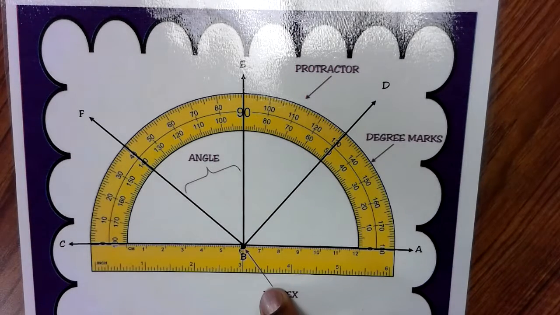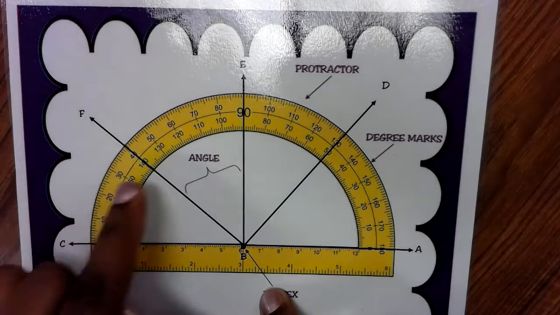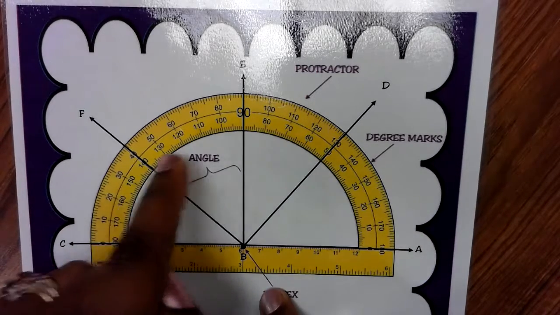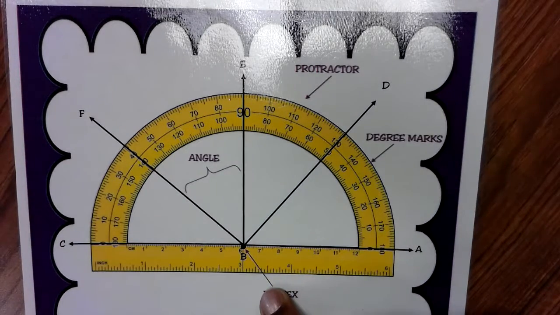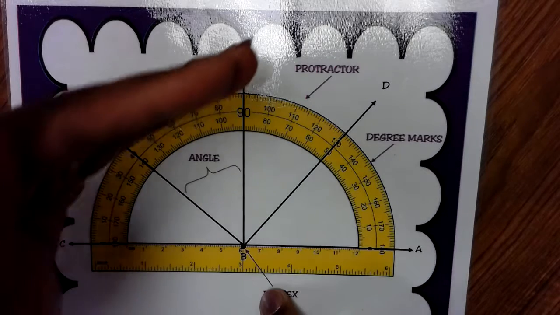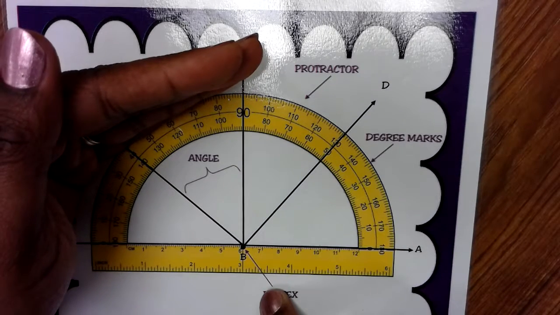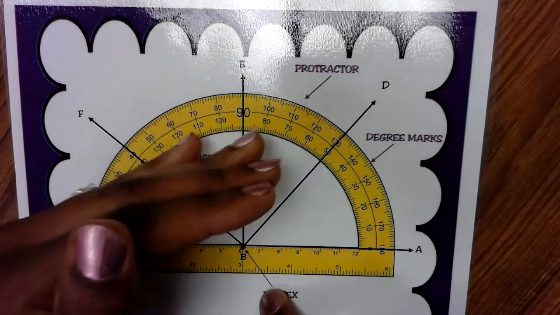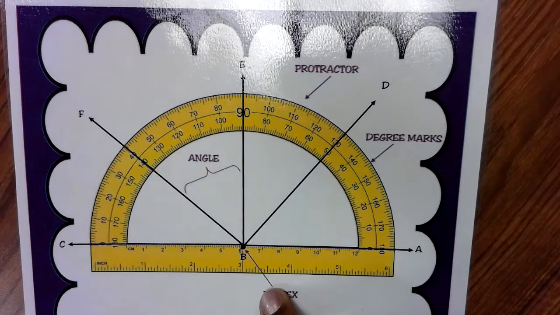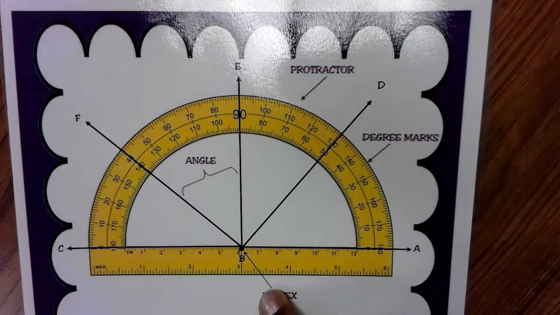What if I wanted to use the inside scale? I could. I see that this is on 140 and this is on 90, so I could say 140 minus 90, and that still equals 50. Just make sure that if you're using the outer scale, you use both numbers from the outer scale. It just so happens that 90's on both scales. And then if you're using the inner scale, that you use both numbers from the inner scale.